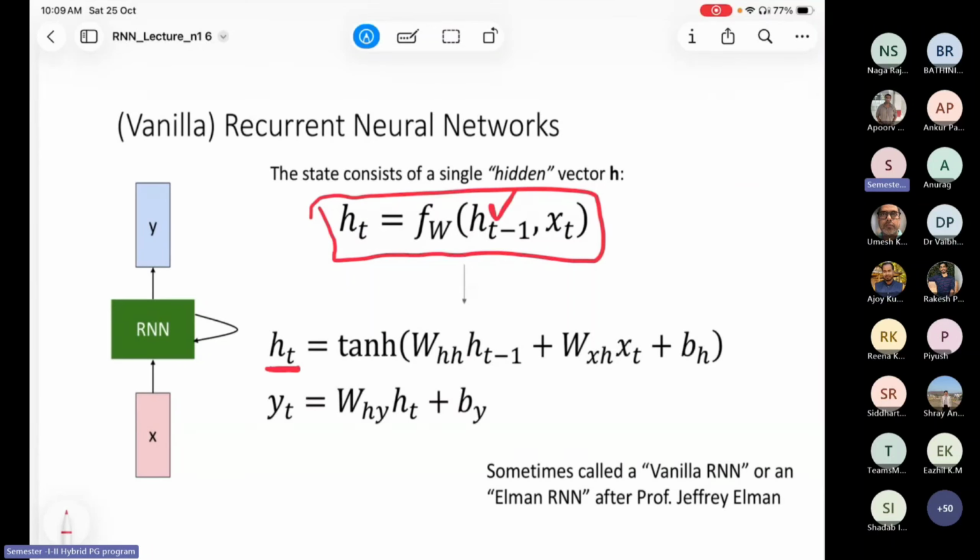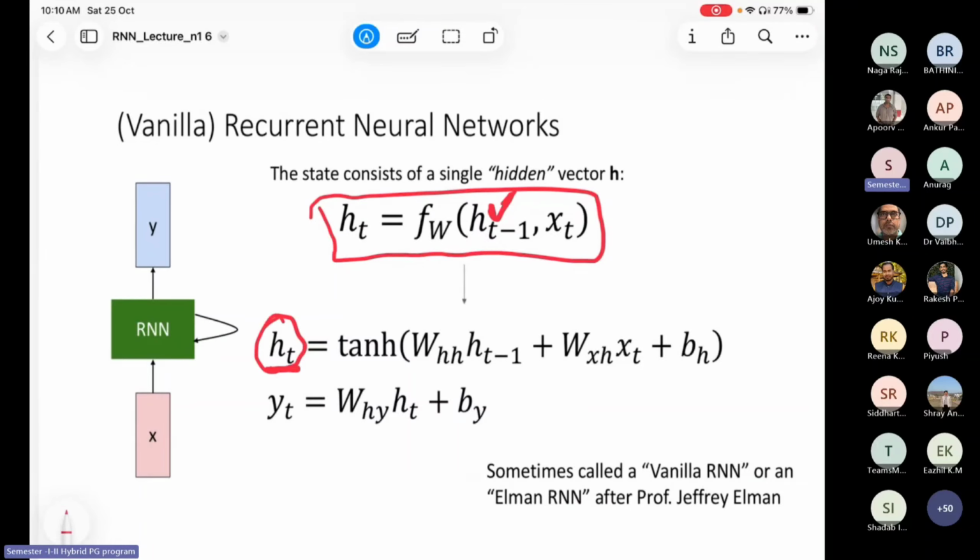Again, I'll go through the example, and then it will be clearer to you. Okay, so whenever I'm going to predict the output, this st is not the output; it's like your defined features. So you have defined your current input features with the help of the past state features, and now these are your current features, and with the help of these current features, or current state, you can generate the output.